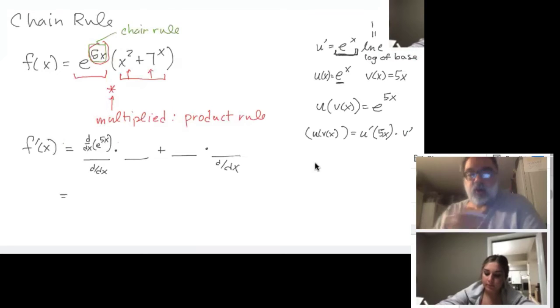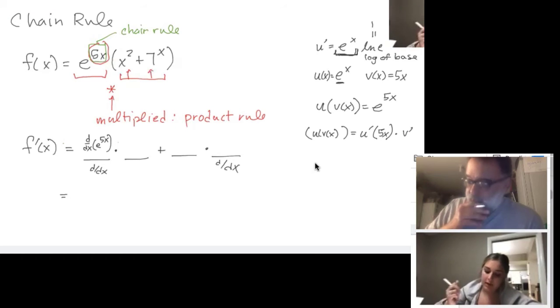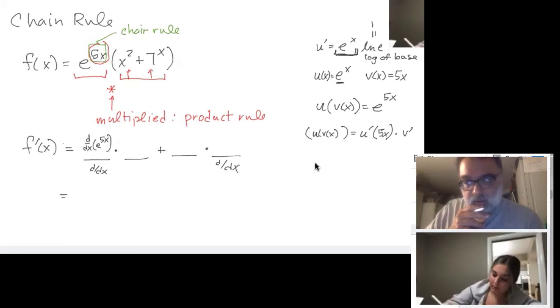So you wind up getting just a constant multiplying the original function, which for the 7 to the x would be 7 to the x log of 7. Exactly, yeah. So when we get to that part, that's what it's going to be.